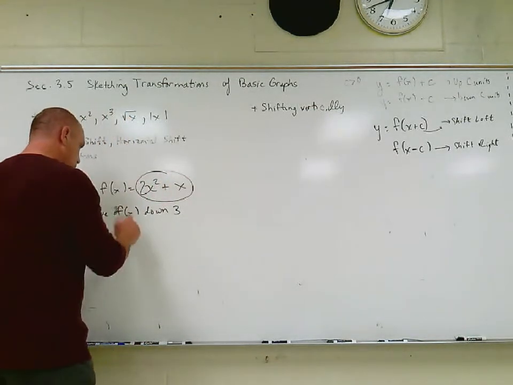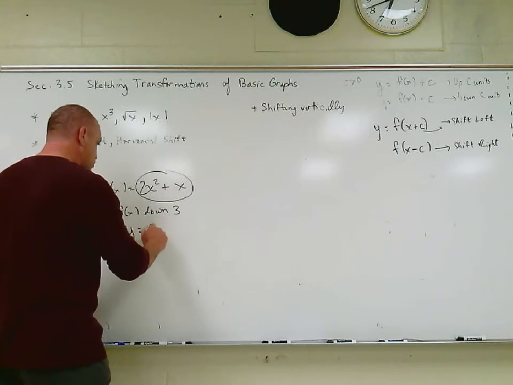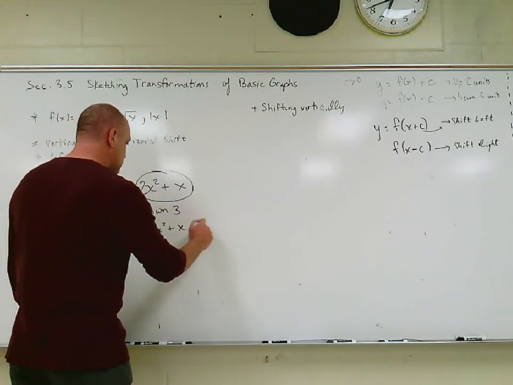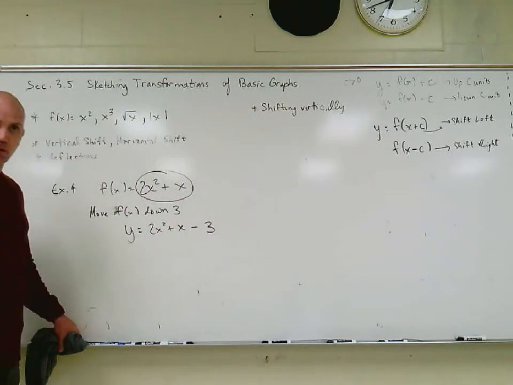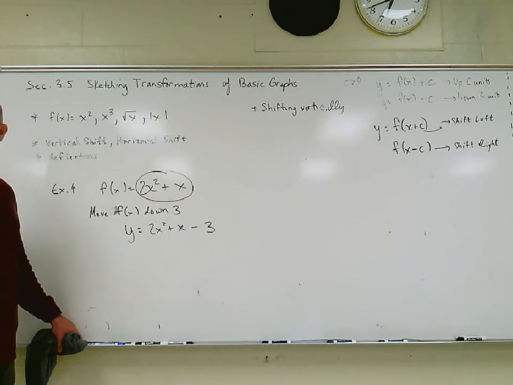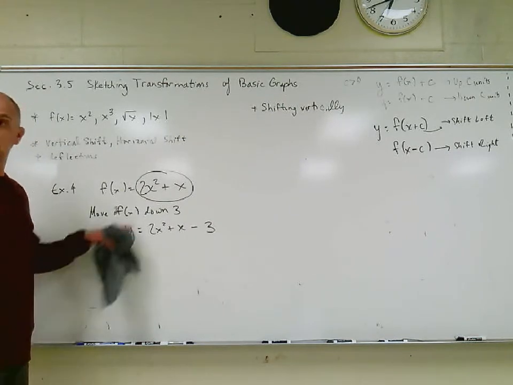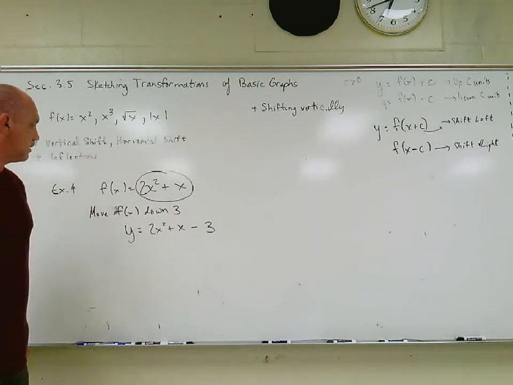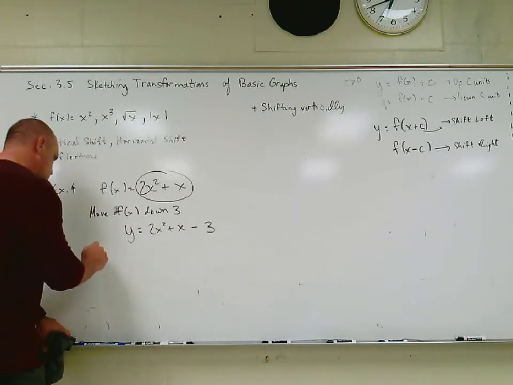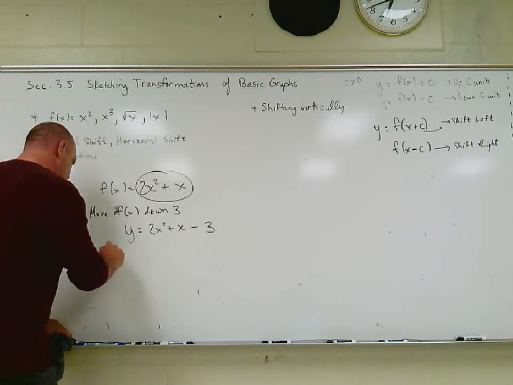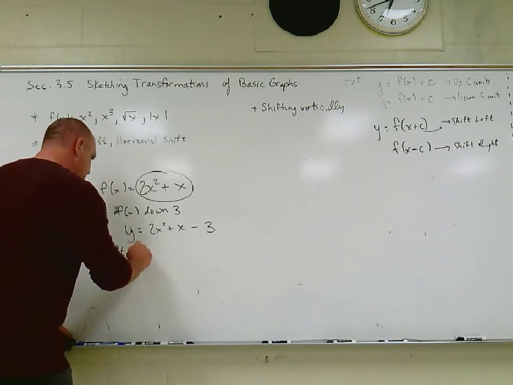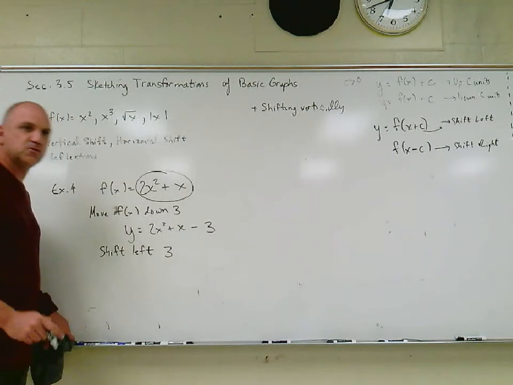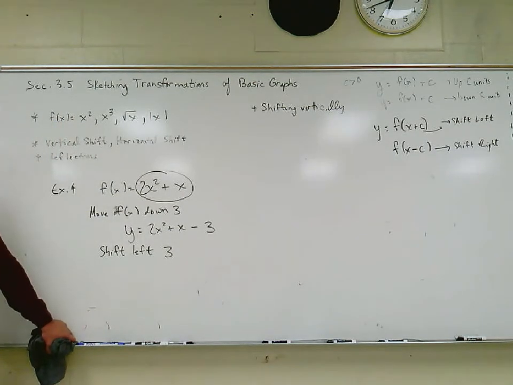So all we're gonna do, we're gonna say, all right, here's our new graph, 2x squared plus x minus 3. Put a minus 3 at the end. Okay? That's gonna move it down 3. Now you could type it in on your calculator and check. You could graph that. All right? What if I wanted to shift left 3? And you said left on the inside should be what? What should be on the inside?